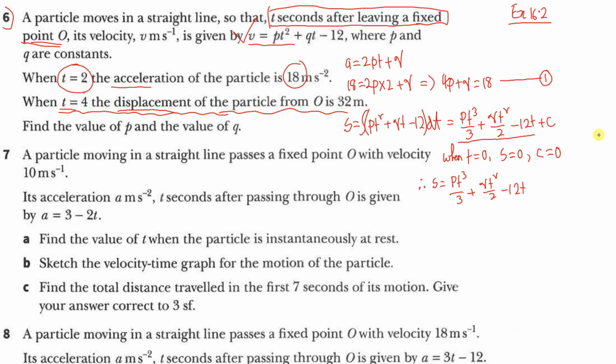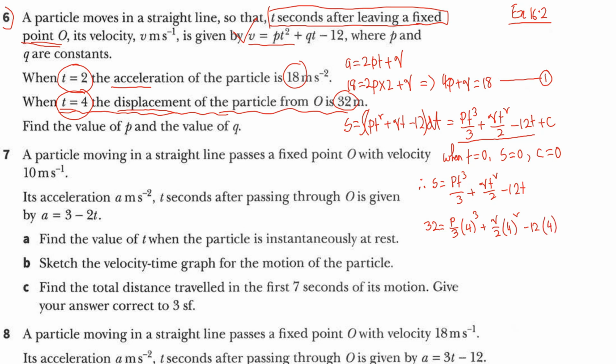And the displacement when t equals 4 is given as 32. Let me put these two values here. We can write 32 equals p by 3, t value is 4, so 4 to the power 3, plus q by 2, 4 squared, minus 12 into 4.